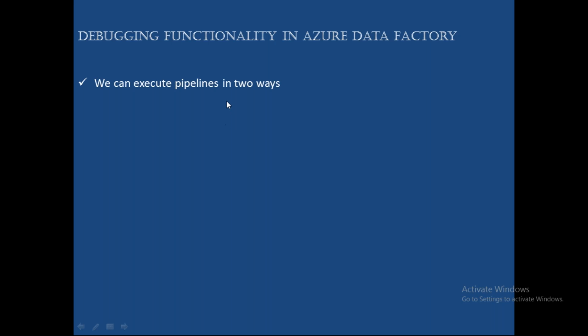We can execute pipelines in two ways. As I said, one is debug mode. The second one is trigger. Trigger is nothing but if you want to automate your pipeline, to run it based on events, for example when a new file is uploaded or a file is deleted. In all these cases we are going to use triggers.